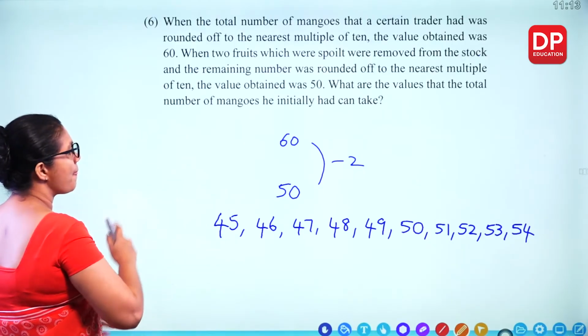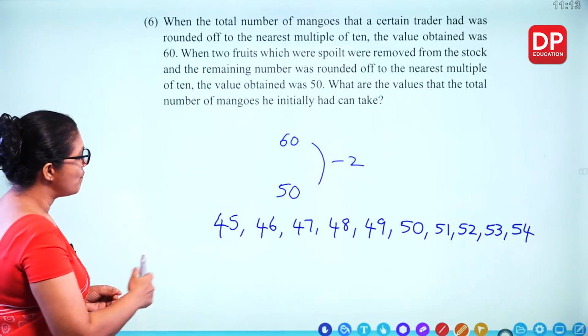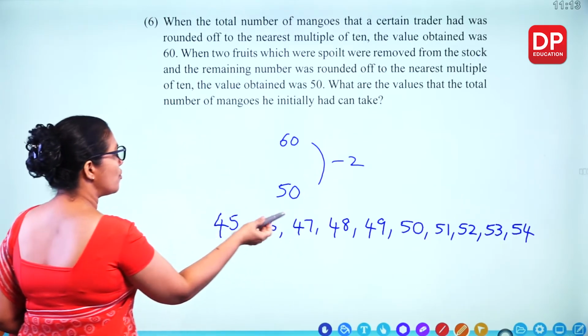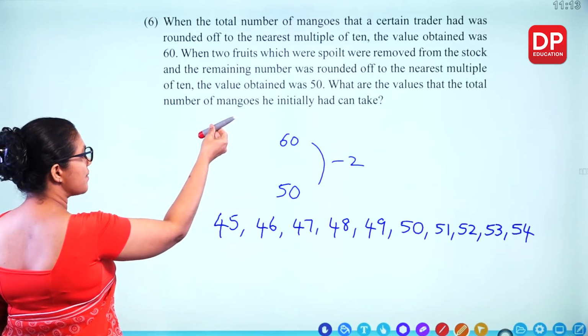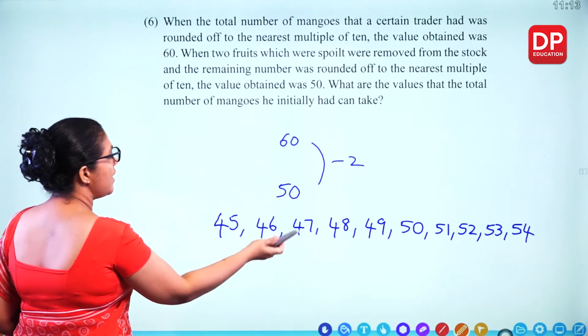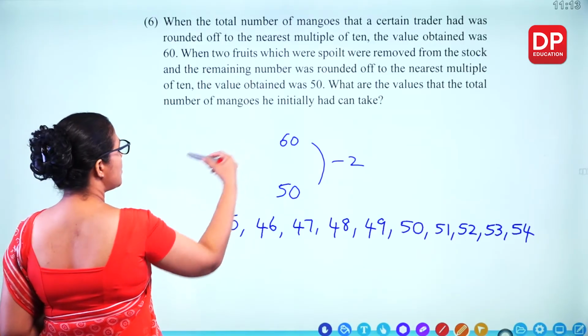Tell me, when you subtract 2, then you have to add 2 to this, because here you get subtract 2. What happens when you add 2 here?